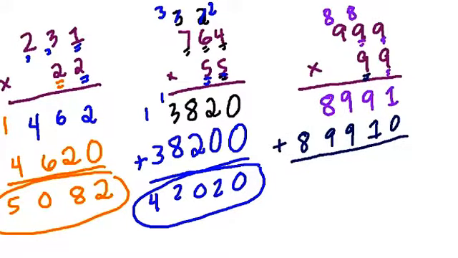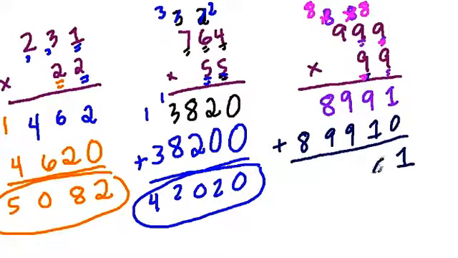But let's check. This 9 times this 9 gives us 81, so we put a 1 here and an 8 here. This 9 times 9 also gives us 81 plus 8 is 89, so put a 9 here and an 8 up here. This last 9 times 9 is 81 plus 8 is 89. So our prediction was right.